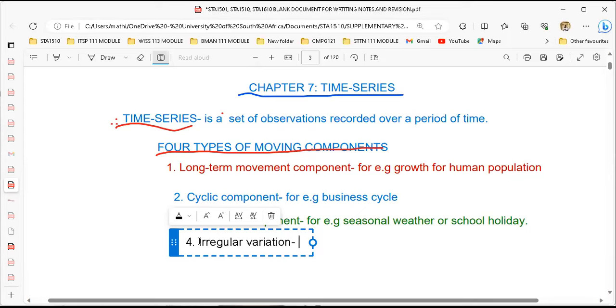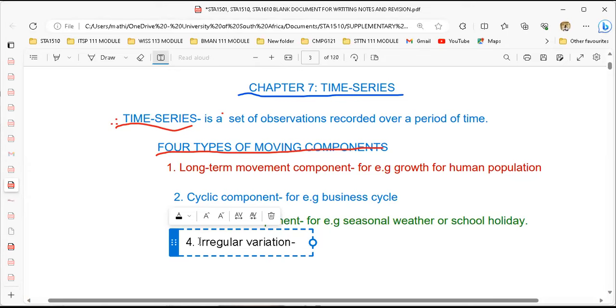Now irregular variation, for the examples, we can look at what? It's something unpredictable, and it has to do with random variation. For example, human events and natural disasters.